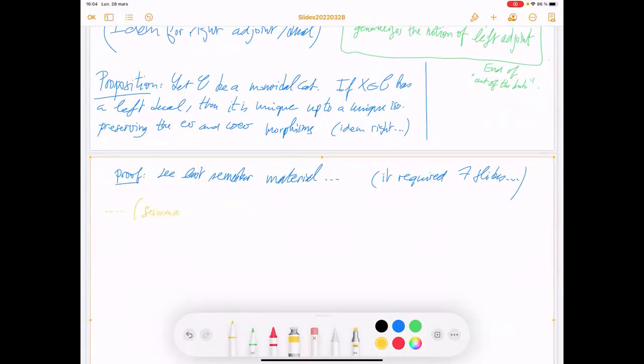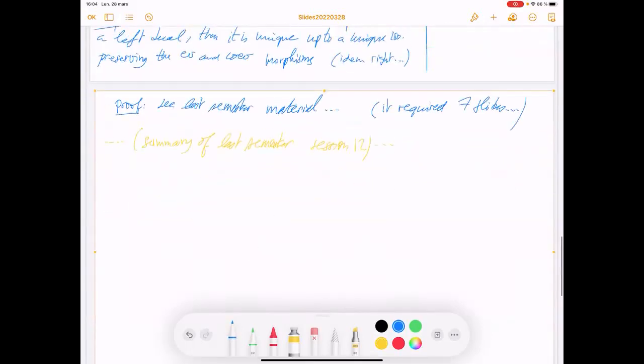We finished the proof at the beginning of session 12. Last semester, session 12 started with the end of the proof of the previous proposition.